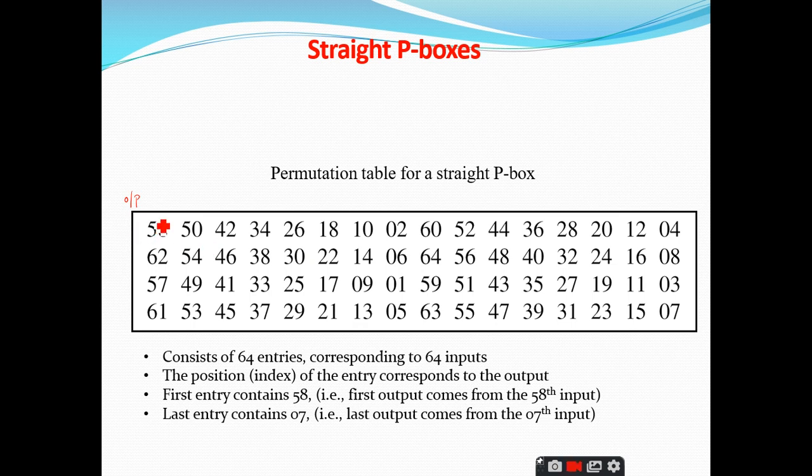What we have to do is index this box 1, 2, 3, 4, 5, 6, 7, like that, up to 64, right? So what does this mean? The index 1 represents the output terminal and 58 represents the terminal from which this 1 is getting the input. That means the output 1 is connected to the 58th terminal or 58th bit of the input.